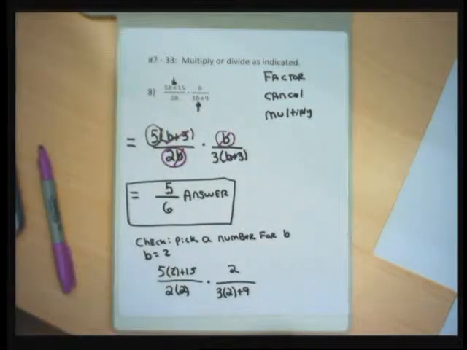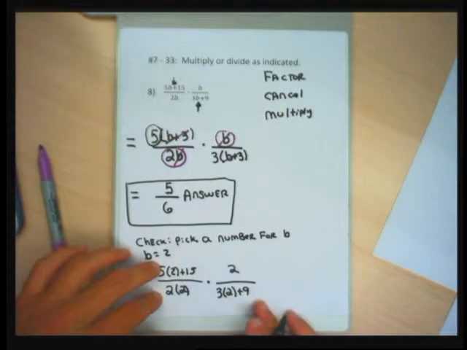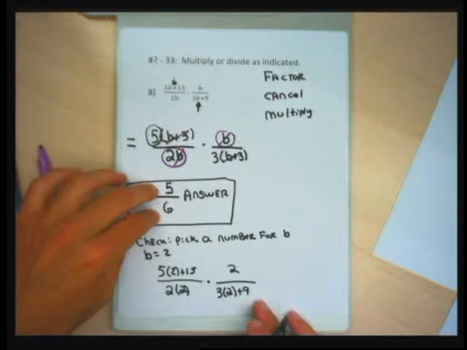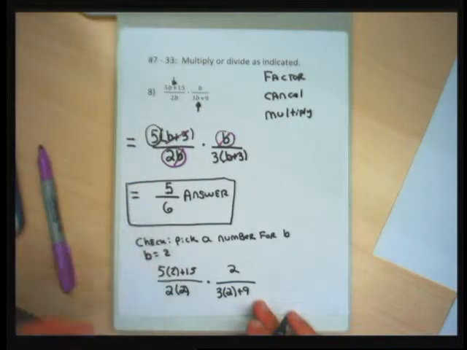In order for my answer to be correct, when I do this reduction, it has to equal 5/6, because I say that this fraction is equal to 5/6 once it's reduced, which means regardless of the number I plug in for b, it still needs to reduce to 5/6.